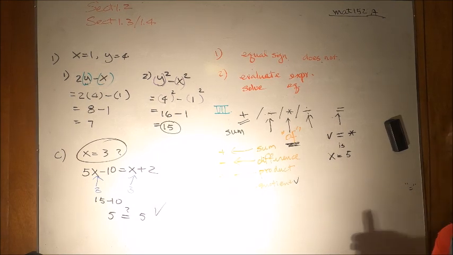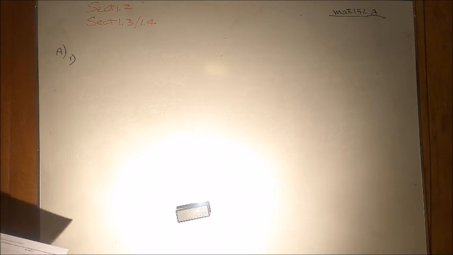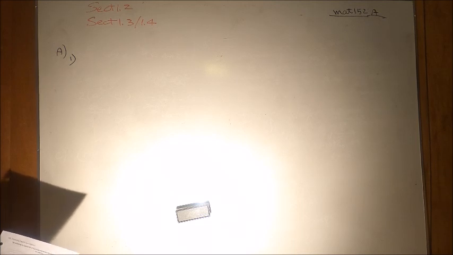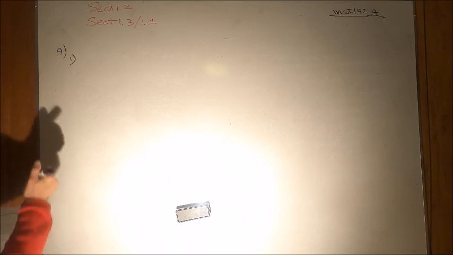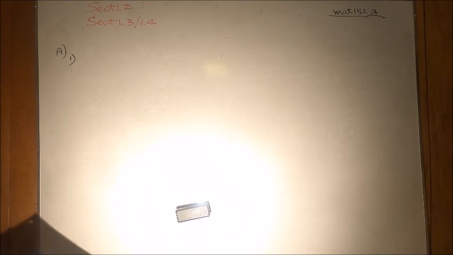Next one, it's on your page 5, okay? So write an algebraic expression that represents each phrase, right? So first one, it says the product of a number and 5. So what does product mean?